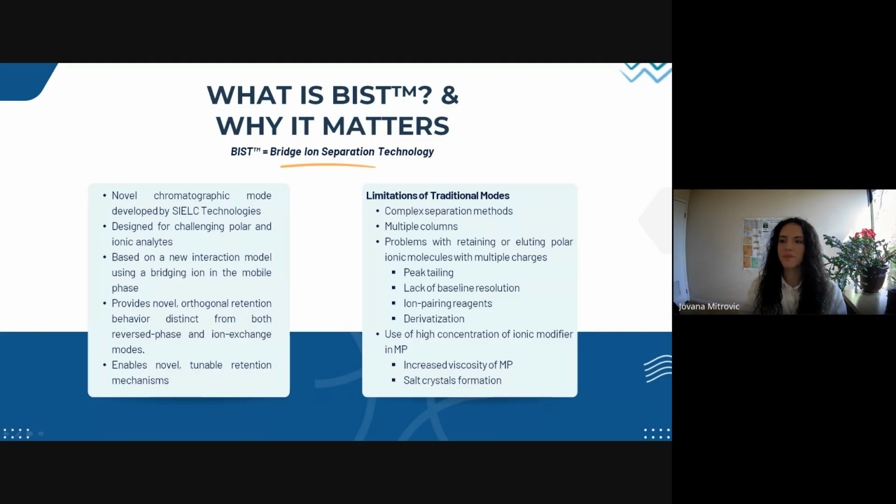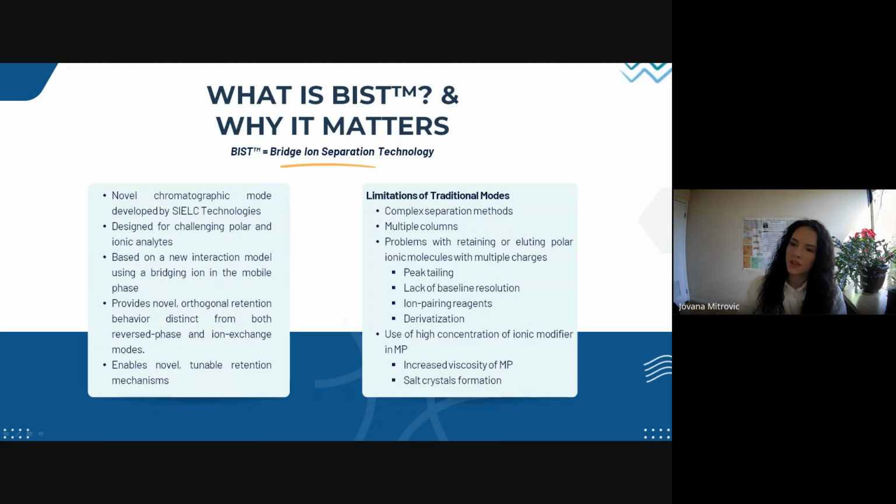This approach allows us to fine-tune electrostatic attraction, so we can actually use ionic interactions to our advantage rather than fighting against them, while at the same time minimizing unwanted interactions for these large multi-charge molecules.